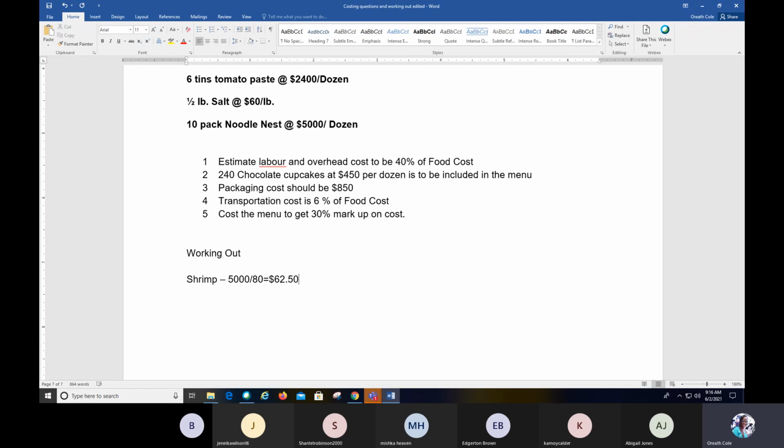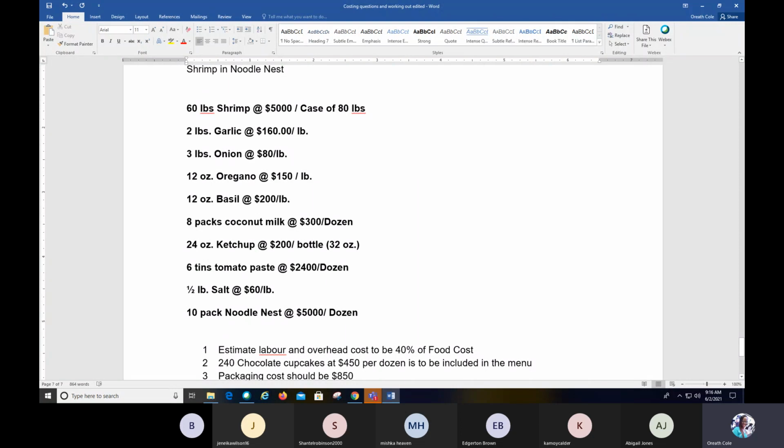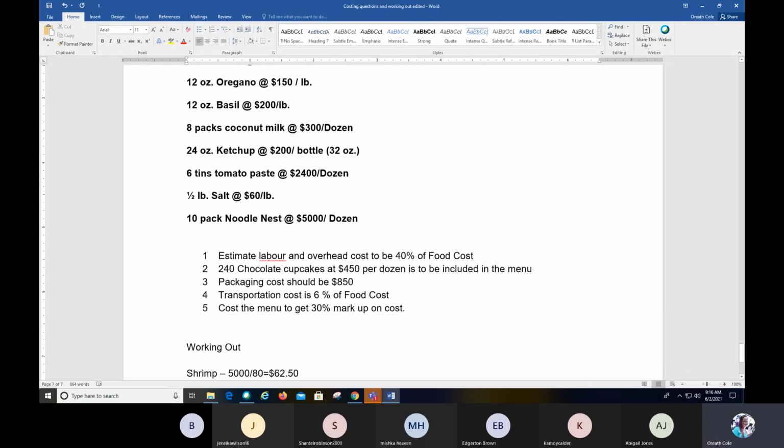What do we do from here? Because what do we want to find the cost of? Not 20 pounds. Look again. 60 pounds. So we want to find the cost for 60 now.